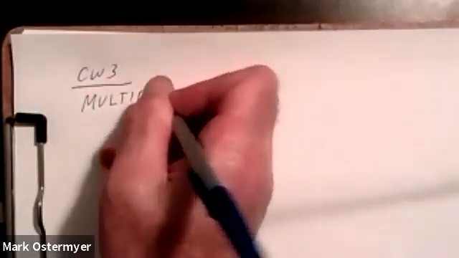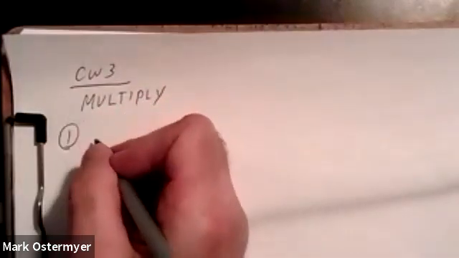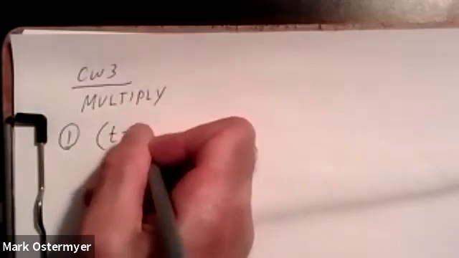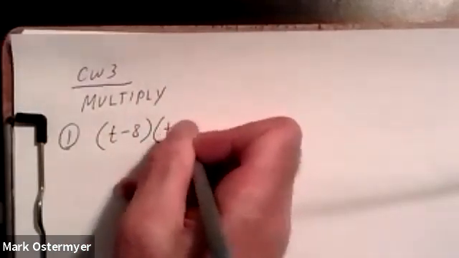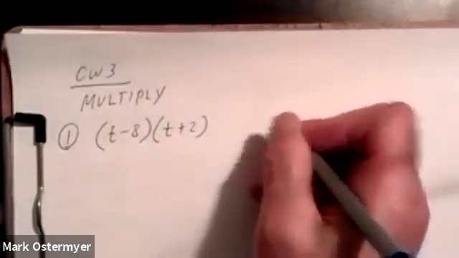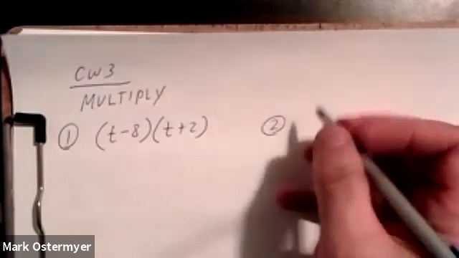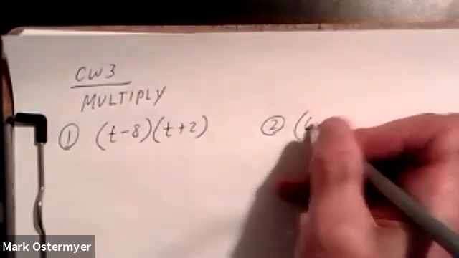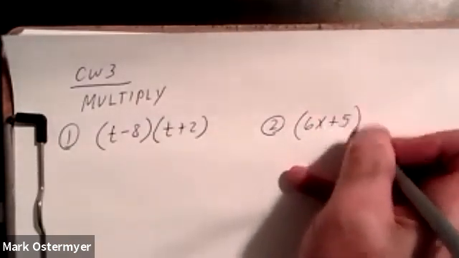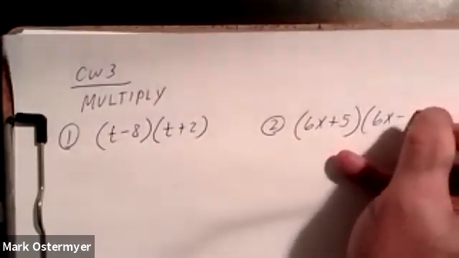For each of these, I would like you to multiply all these together. Problem number 1: take t minus 8 and multiply it by t plus 2. Problem number 2: take 6x plus 5 and multiply that by 6x minus 5.